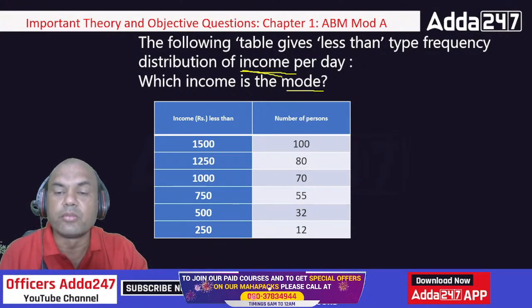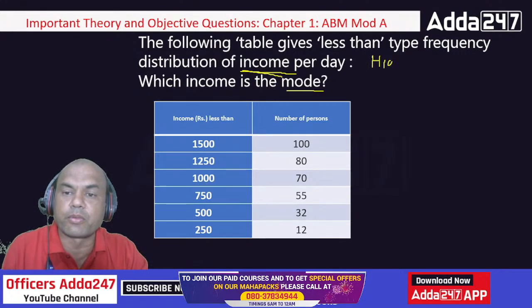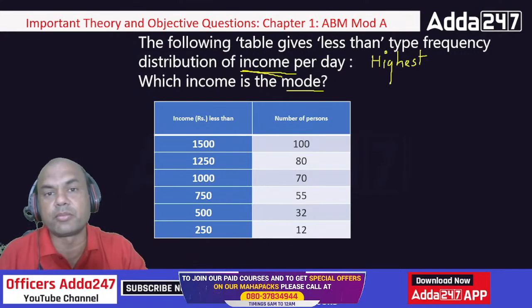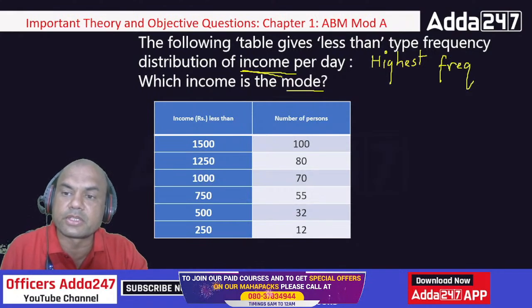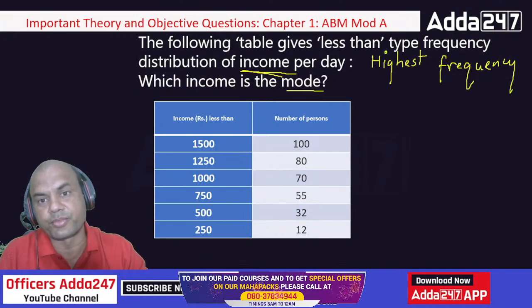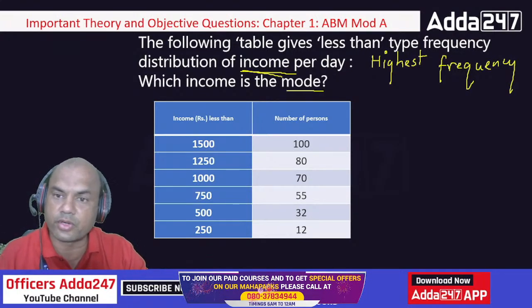Mode means any number which is having the highest frequency. Correct. Any number which is having highest frequency is known as a mode. So highest frequency is mode. Got it? Clear?